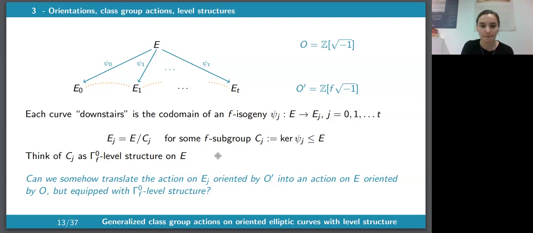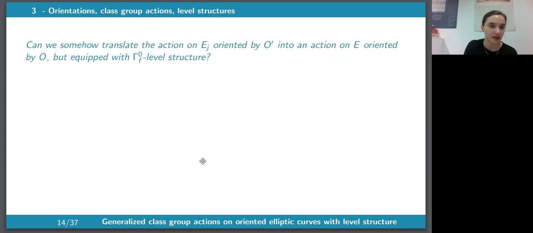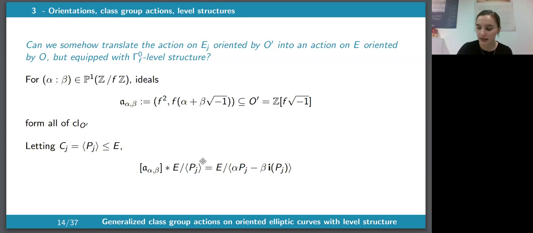We are really fixing a subgroup of order F. The question now is whether it is possible to translate the action of the class group of O prime on the curves downstairs, Ej, oriented by O prime, into an action on the curve up top, the curve E, oriented by O, but now equipped with gamma 0 of F level structure. It turns out the answer is yes, and we can make it actually quite explicit.